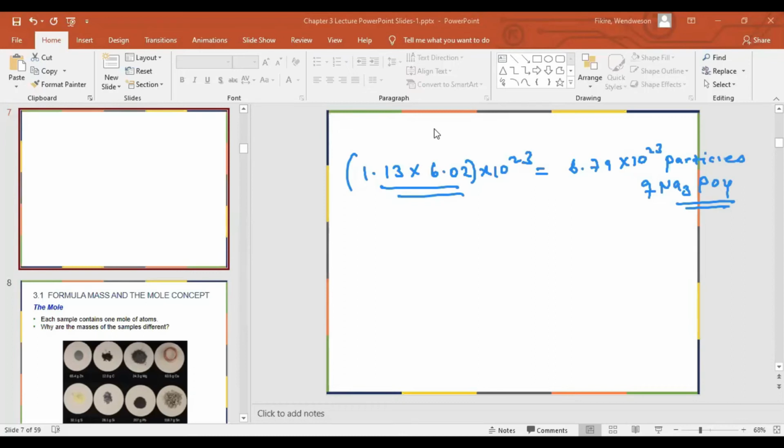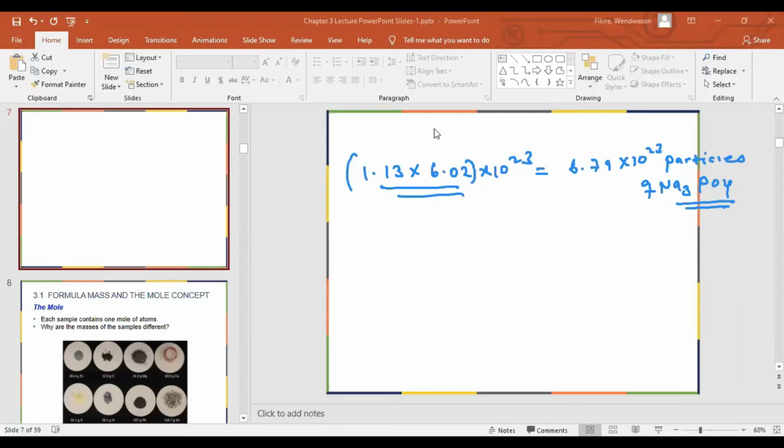I was asking how many particles of sodium phosphate are there? How many molecules? When you have the question, how many molecules, how many particles, yes, it should be Avogadro's number. No question about it. That's the nature of the question.